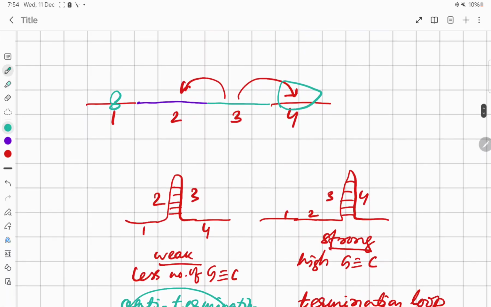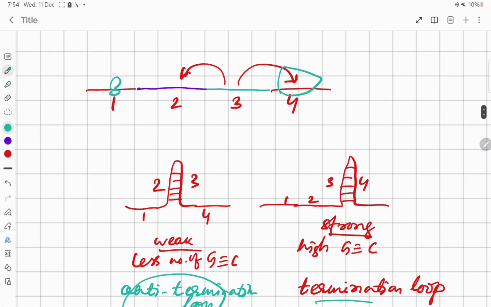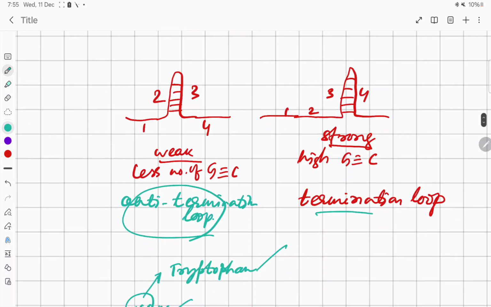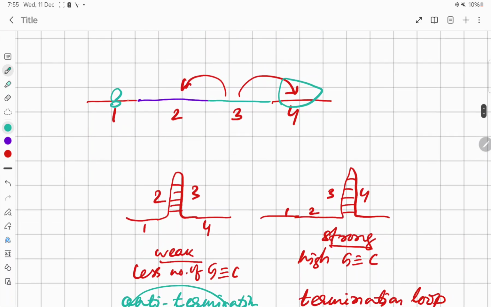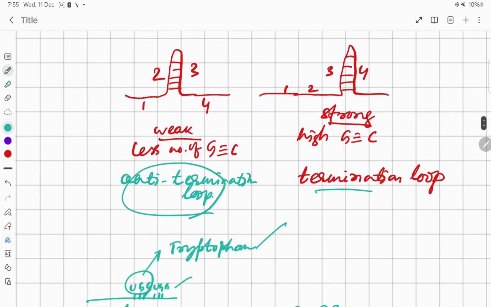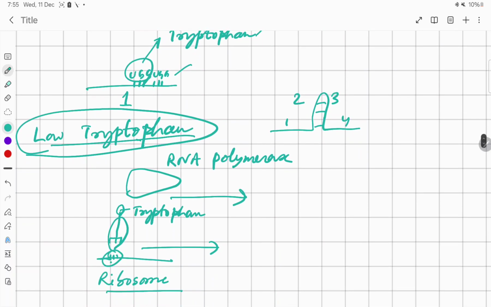Whereas when there is high tryptophan, it will not wait for these codons in sequence 1. So here we can say when it is low tryptophan, in 1, 2, 3, 4, the ribosome is at sequence 1, whereas RNA polymerase is at sequence 4.